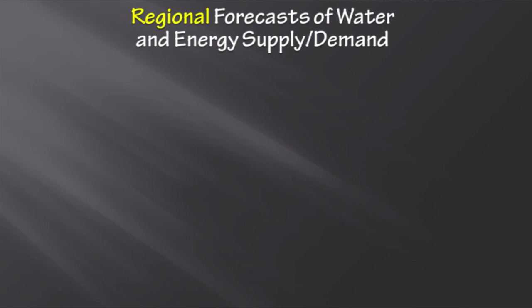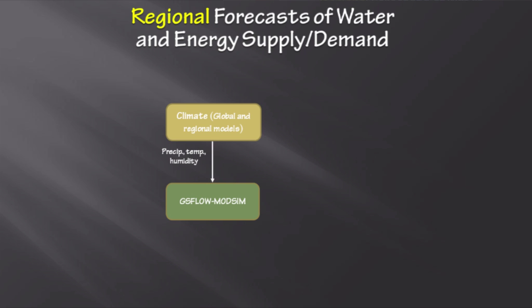So what we're developing are software tools using integrated models to help provide these types of forecasts. And this is a very standard approach where you take climate modeling that's used for weather forecasting and long-term climate change impacts, using global or regional climate models. And then that information is provided to your integrated hydrologic operations model.